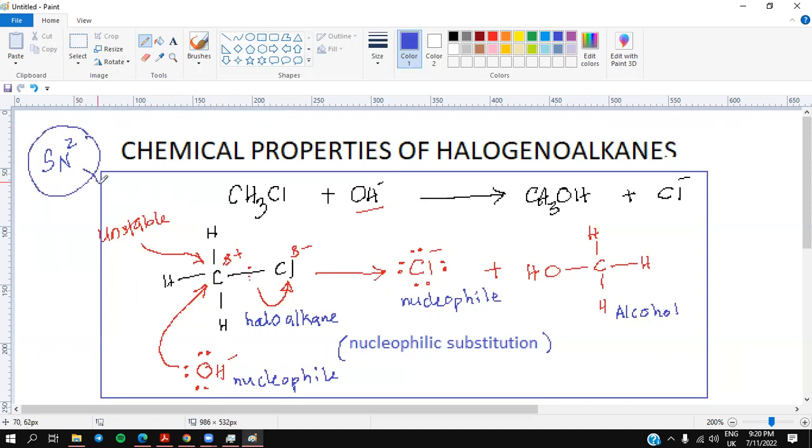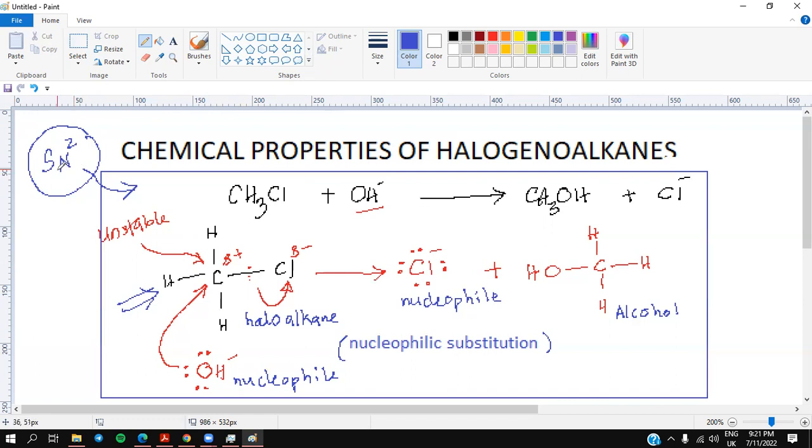Why do we say that this is SN2? Before going into that, we can just see the type of halogenoalkane present here. This has 3 hydrogens, no alkyl groups. In my definition, I said primary halogenoalkanes contain 2 hydrogens and 1 alkyl group. This one doesn't have an alkyl group, but we can still call it a primary halogenoalkane.